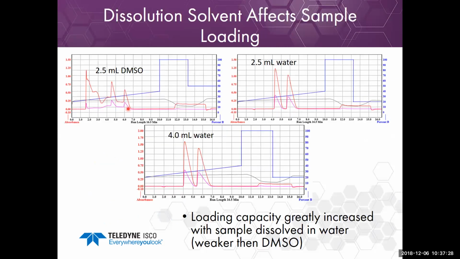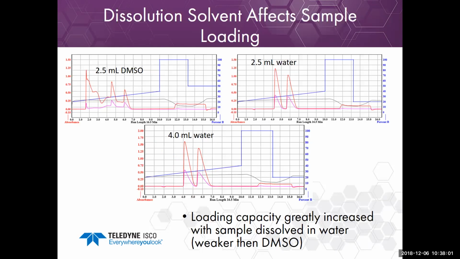So this is the chromatogram from the previous page, and I dissolved resorcinol and catechol at the same concentration and ran it in 2.5 mL of water, and now I have baseline resolution again. I can even increase the injection volume to 4 mL, same concentration, so I'm injecting 4 times the sample as I did on the first run. I still have baseline resolution, so my loading capacity was greatly increased when the sample was dissolved in water.